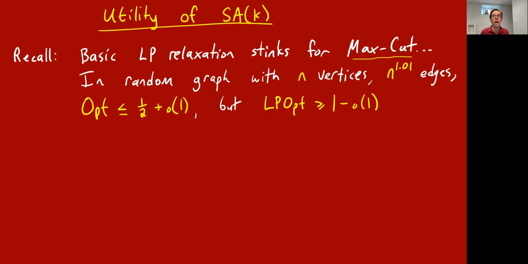If you take a random graph with n vertices and n to the 1.01 edges, so it's not very dense, average degree n to the 0.01, then first of all, the maximum cut in this graph will be very close to half. The maximum cut will cut barely more than half of the edges, like half plus little o of 1. But if you write down the natural LP relaxation and solve it, it will only certify that the maximum cut is at most 1 minus little o of 1.